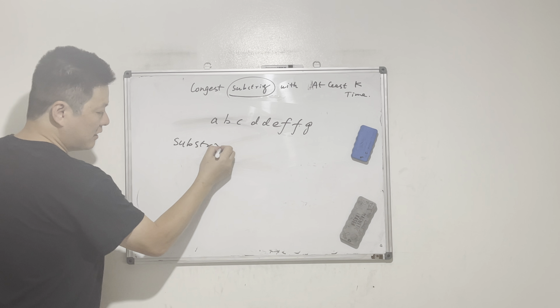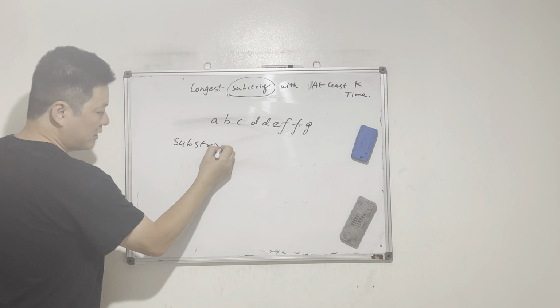No, that's right, because we are looking for a string where every character appears at least k times. If no characters appear at least k times, then we return the empty string, or 0.